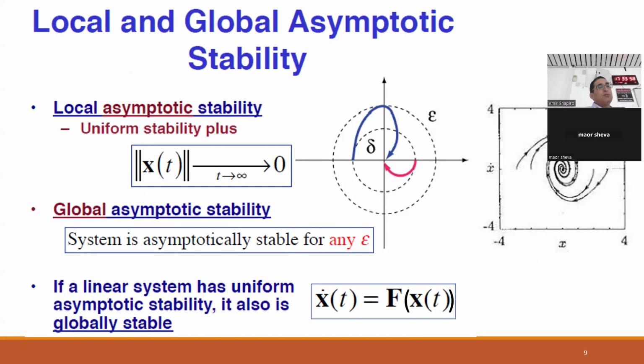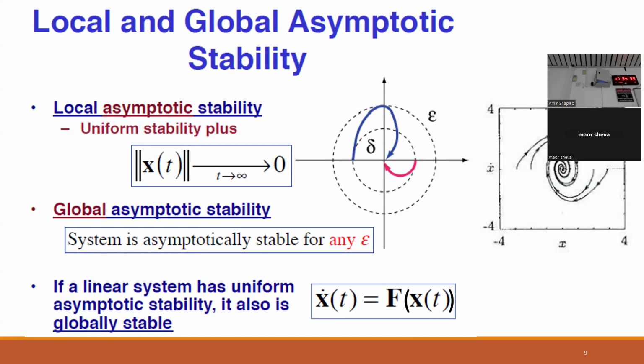Then we can talk about asymptotic stability. This is something that if we have a system and we start within a distance from the origin, if time goes to infinity, the system state tends towards the origin. That means if I started at any point, eventually I'll get to the origin, which is the equilibrium.